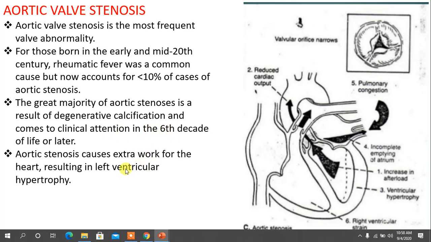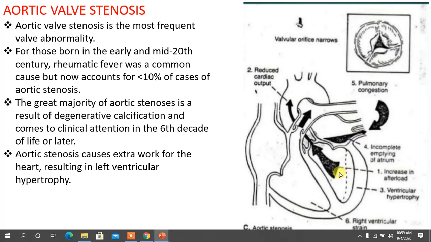There is extra work for the heart, resulting in left ventricular hypertrophy. So here you can see that through this, a small amount is pushed into the aorta, with reduced cardiac output because of stenosis, and this will have a secondary effect on the left ventricle. There will be left ventricular hypertrophy.